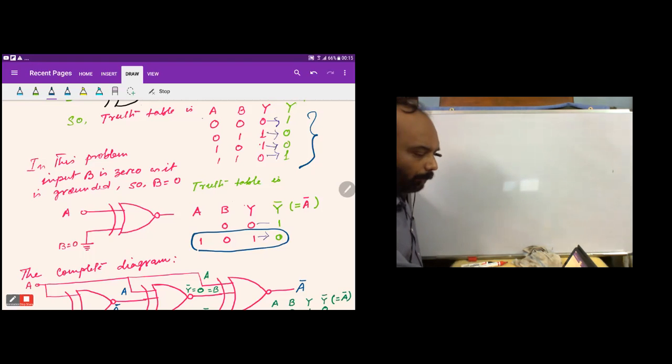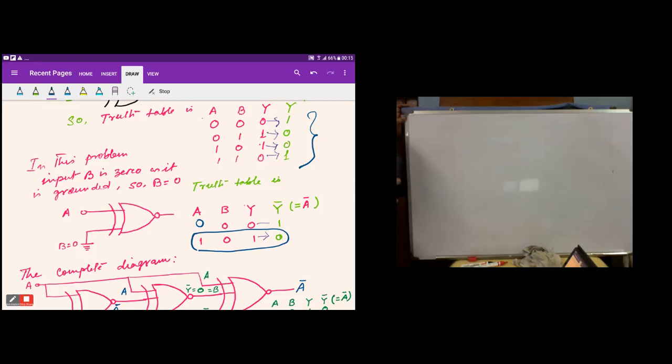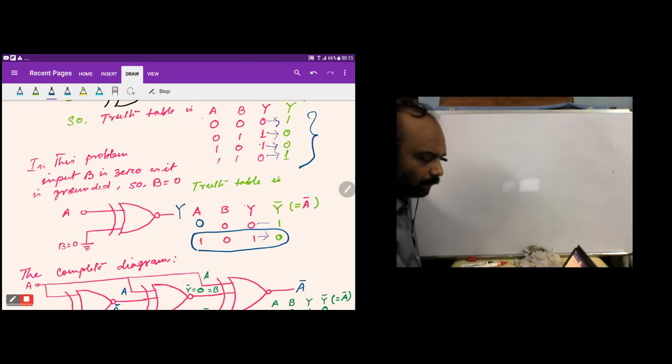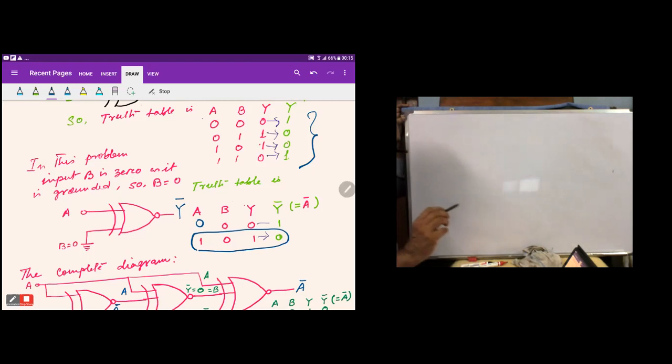And I could have also A 0 and B 0, therefore my output will be 0, and the final, that means Y bar, will be 1. So basically, my final output of this section, which is Y bar, is nothing but A bar, because when A is 0, our output is 1, and when A is 1, our output is 0.